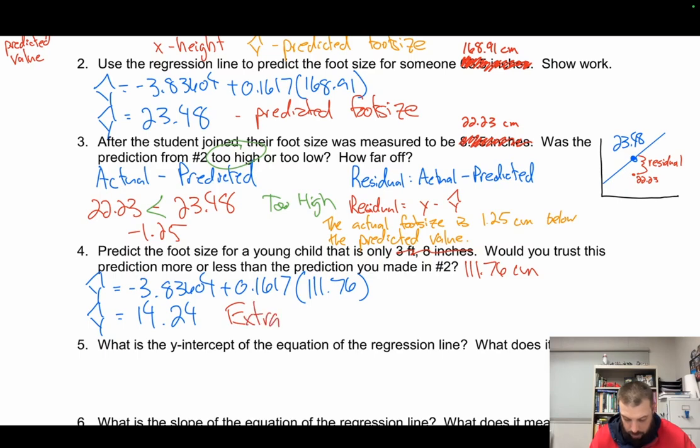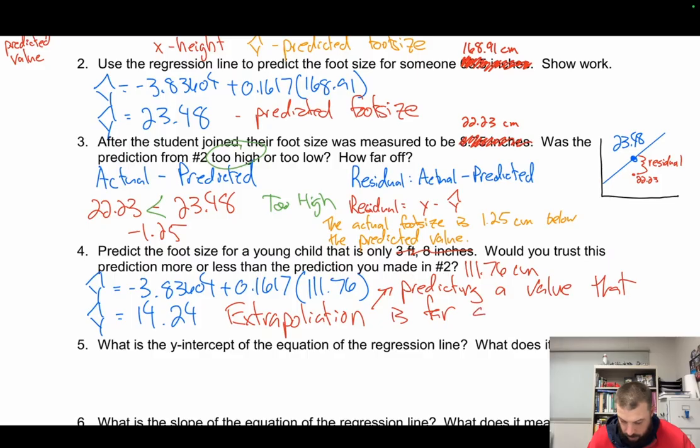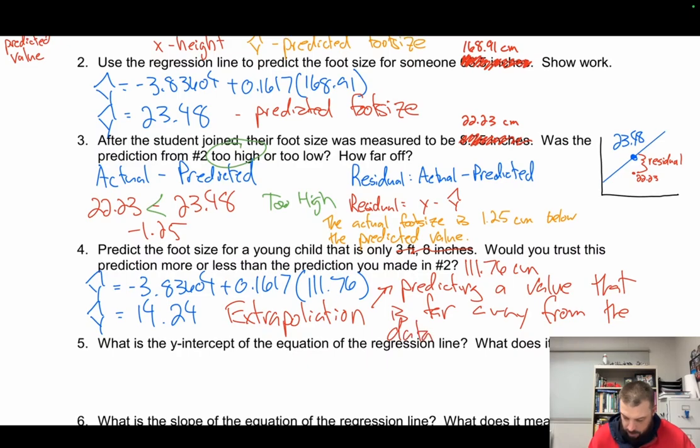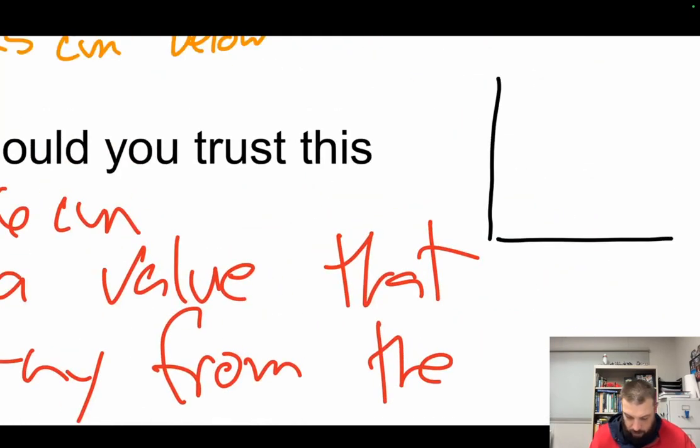is what we call extrapolation. And what this means is when we are predicting a value that is far away from the data. So in this case, to give you a visual, we have a bunch of our data up here of us high school kids.